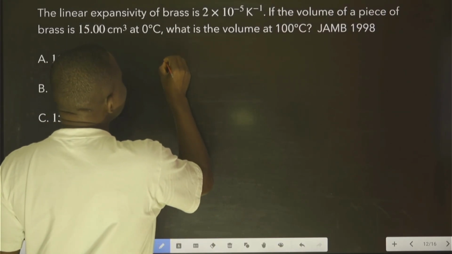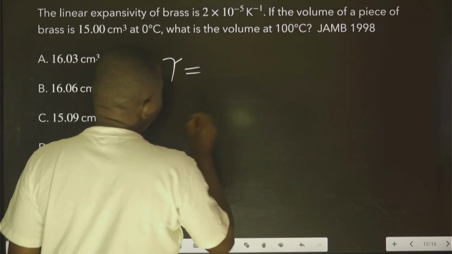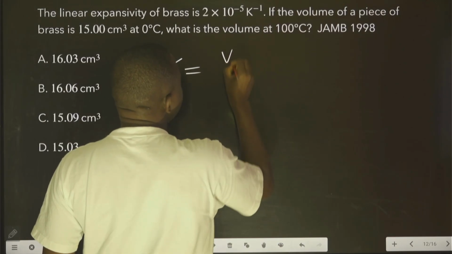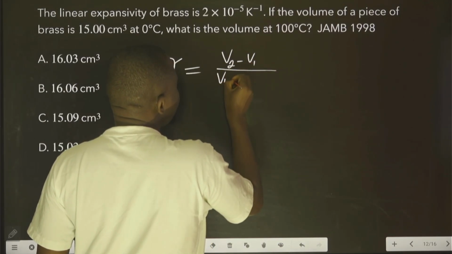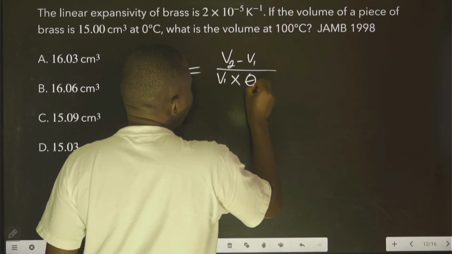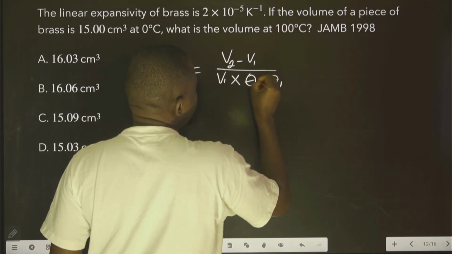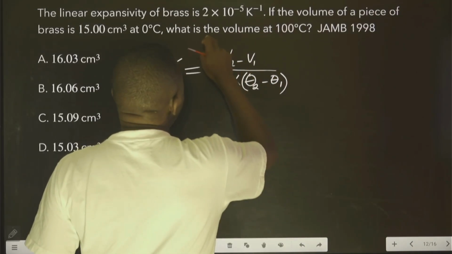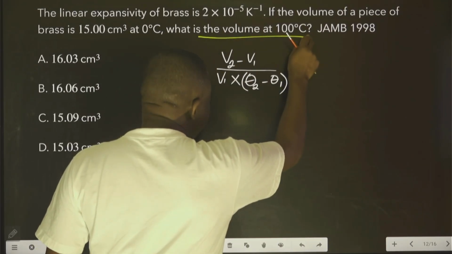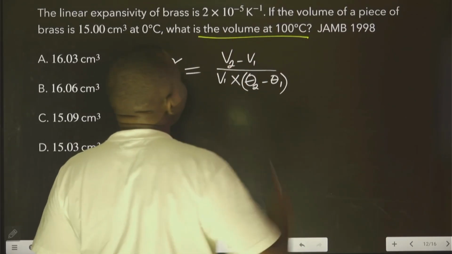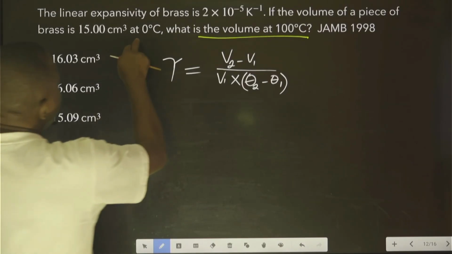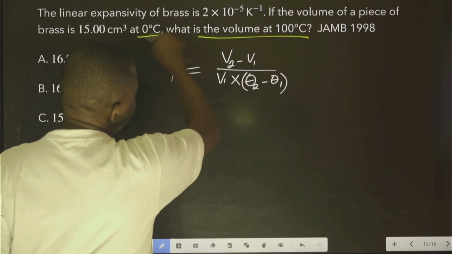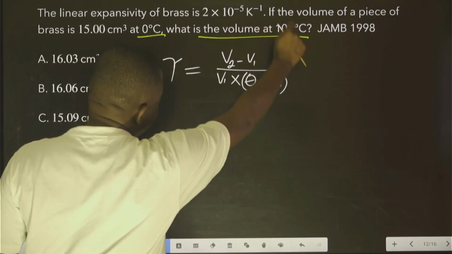The formula says that for cubic expansivity, it's change in volume over original volume multiplied by change in temperature. Okay? We are asked to find the volume at this. That means we should find V2. Okay? Because the first temperature was this. It was heated to this.